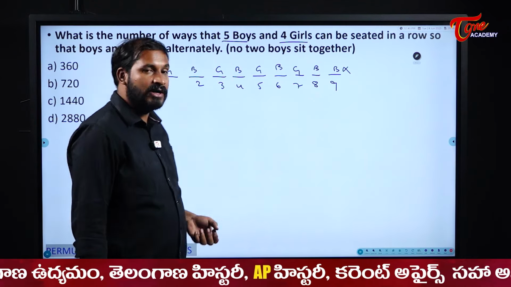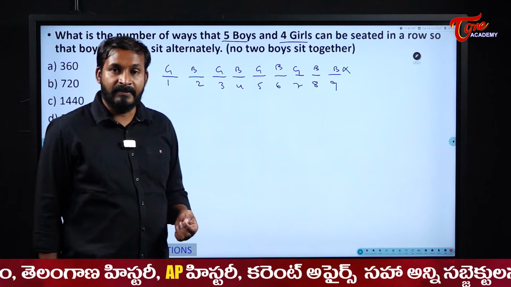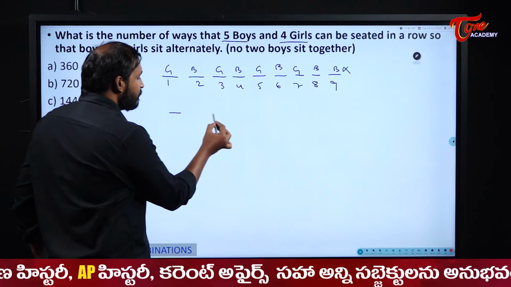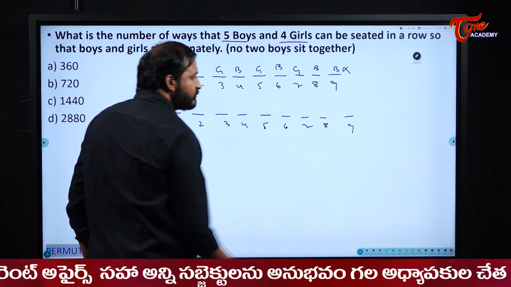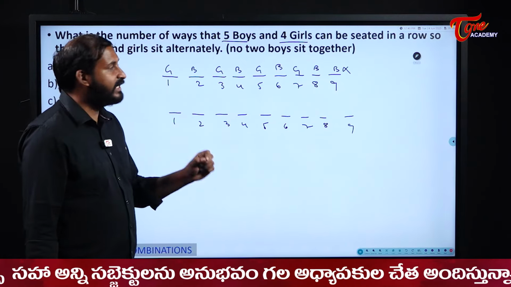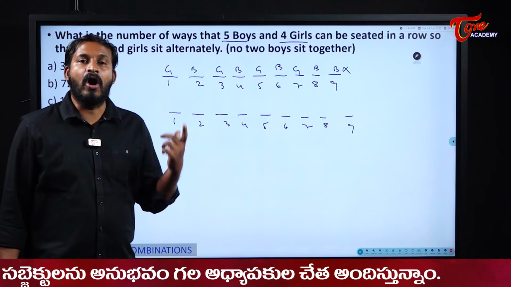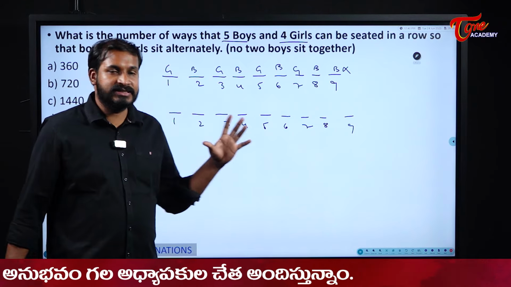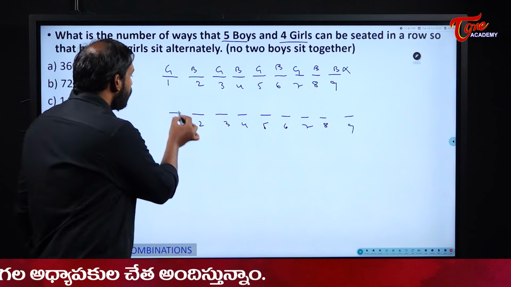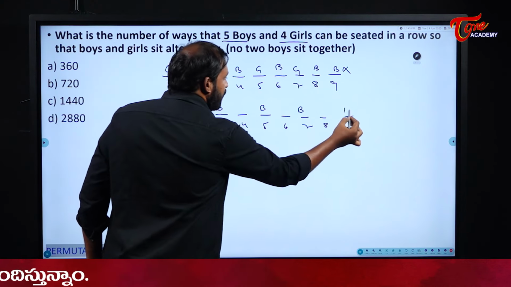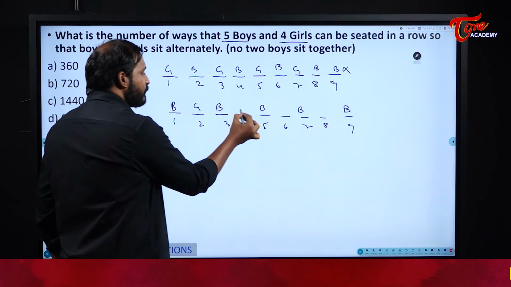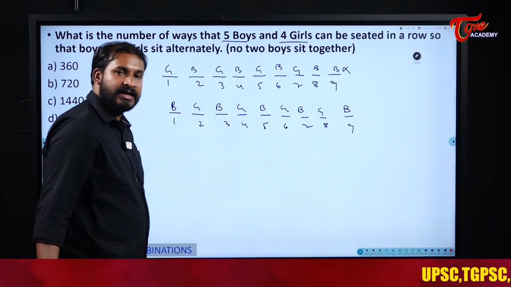But here the condition is no 2 boys should sit together. So what should I do here? Definitely boys should occupy the odd positions. Why? Because 5 boys are there and 5 odd positions are there. So boys should occupy the odd positions and girls should occupy the even positions.